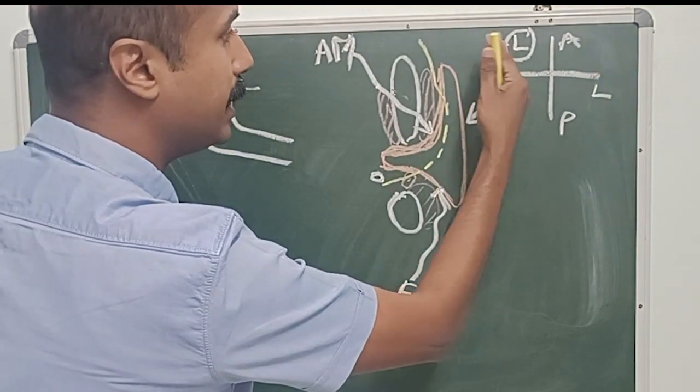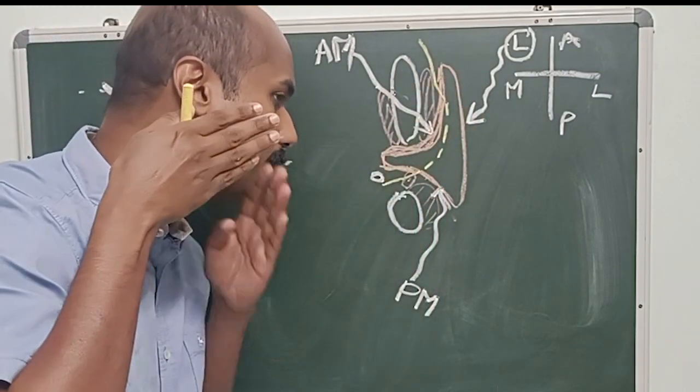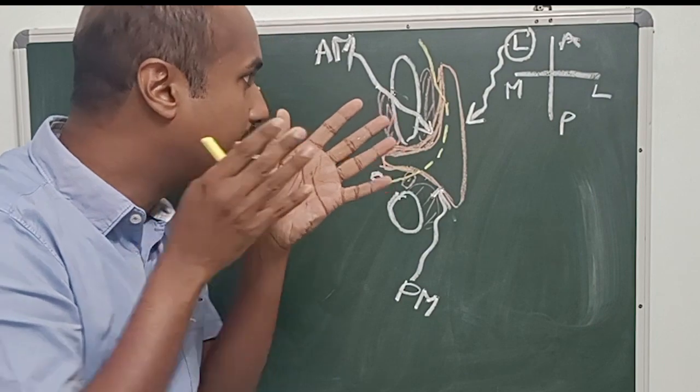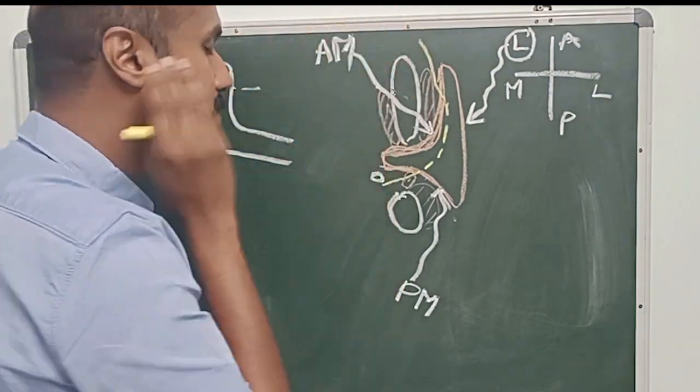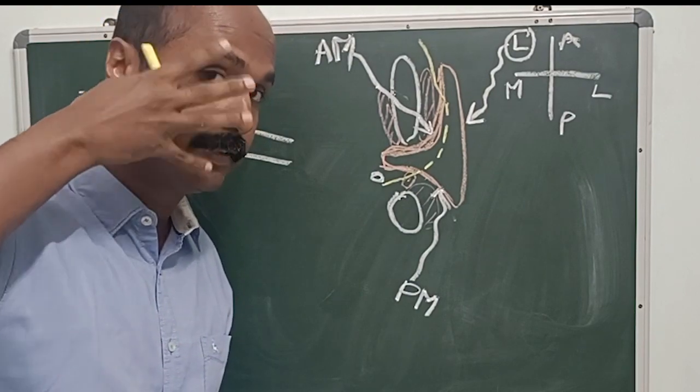When you look from the lateral view, you feel that it is coming out from the anterior border. It is coming out actually through the anteromedial surface, and it runs over the facial muscles. These facial nerve branches are supplying the muscles of facial expression.